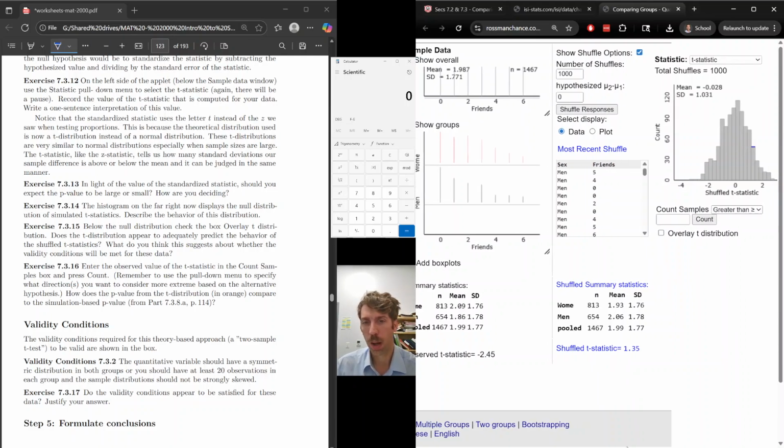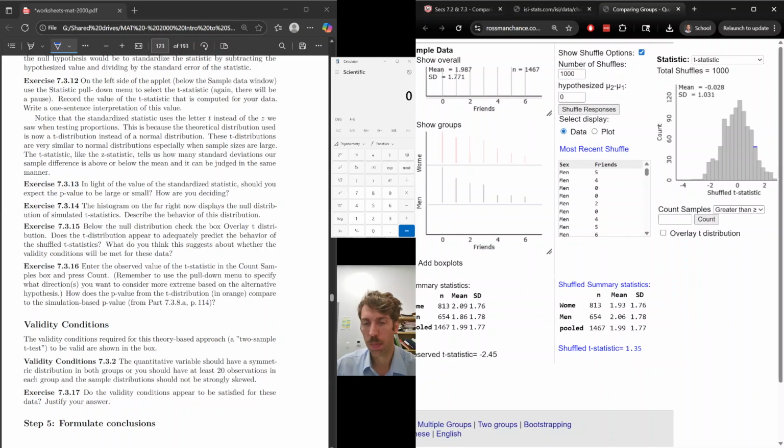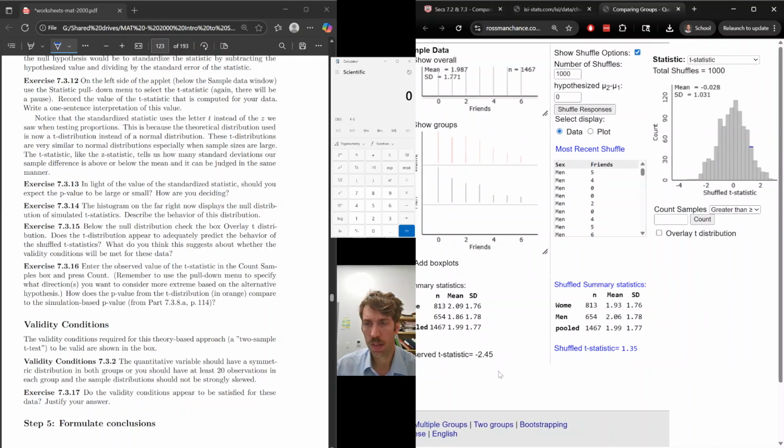Okay, so I'm showing you mine right there, but what does it mean? What does the t-statistic mean? Do you remember how to compute it? The t-statistic is just like what we talked about in the reading.